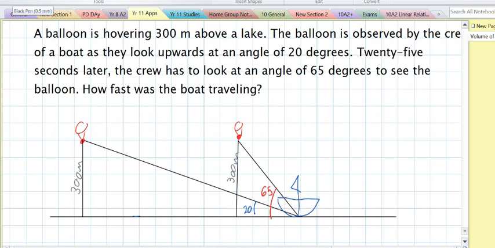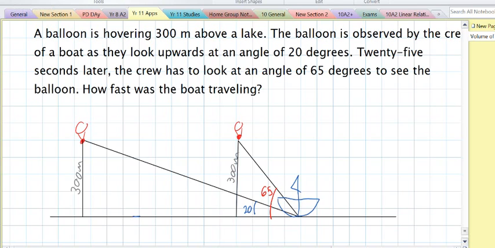Now we want to know how fast the boat is travelling. So essentially the boat has moved, and it looks like the balloon has moved, but the boat will have first been looking at an angle of 20 degrees at the balloon, and then as it moves closer, it goes like this. Can you imagine that happening?